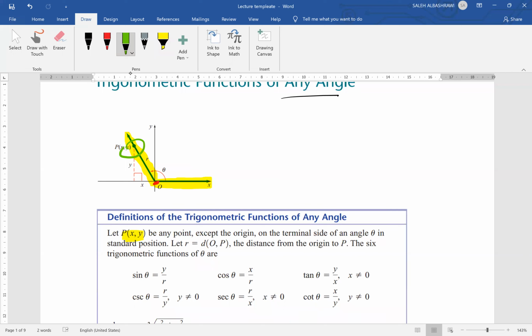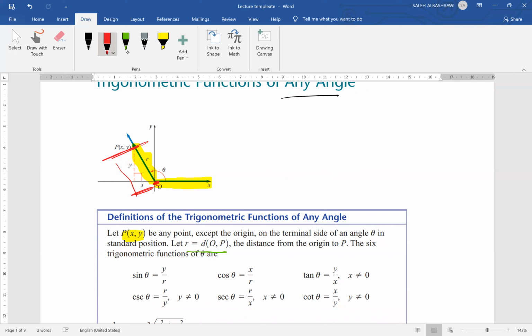And let R be the distance between the origin and the point. This is R, the distance from the origin to the given point B.